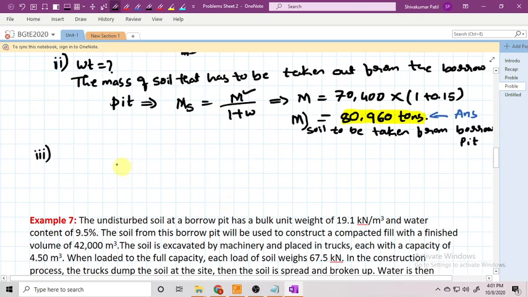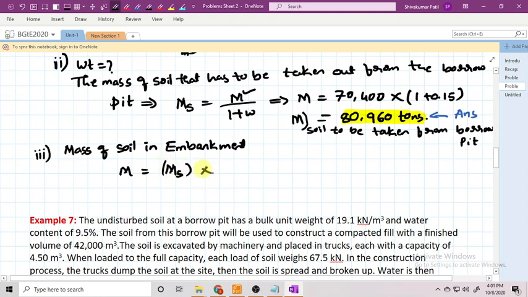So mass of soil in embankment is equal to mass of solids in the embankment into 1 plus water content in the embankment. So mass of solids in the embankment, anyway it is not going to change. Mass of solids is not going to change in the embankment or in the borrow pit. Okay, so same 70,400 tons into 1 plus the water content.